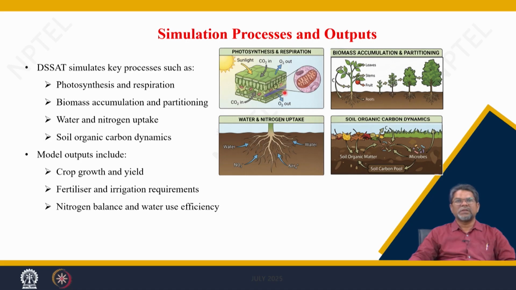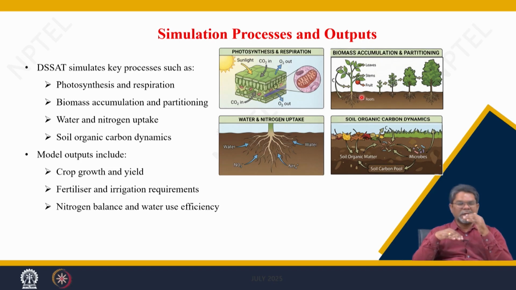DSSAT also includes photosynthesis and respiration. So, net assimilates are converted to biomass accumulation and then partitioning. The biomass accumulated in the plant parts is partitioned to the below ground portion, the root portion, and the above ground portions, which are the stem, leaf, and the economic parts, the grain parts.